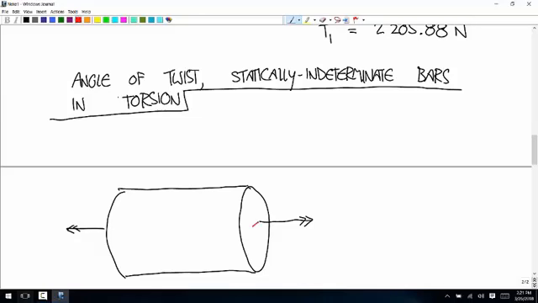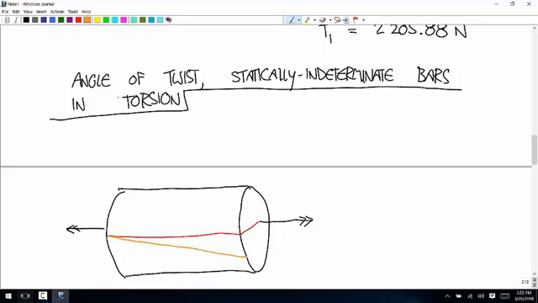before the deformation, you could draw a line across it like this with a marker. And after you apply that torque, that line is going to do this.